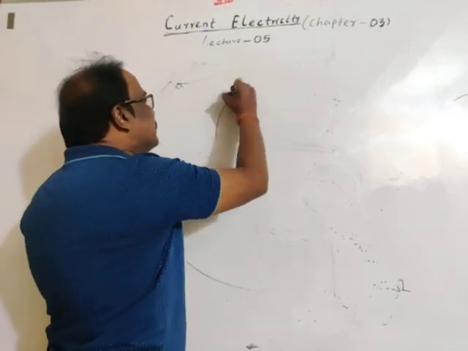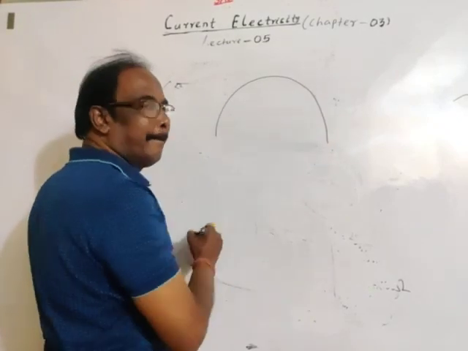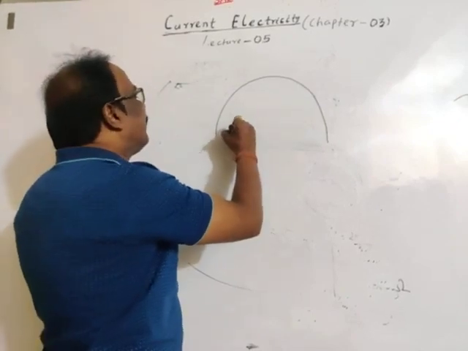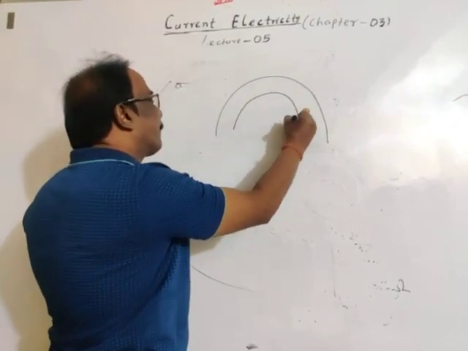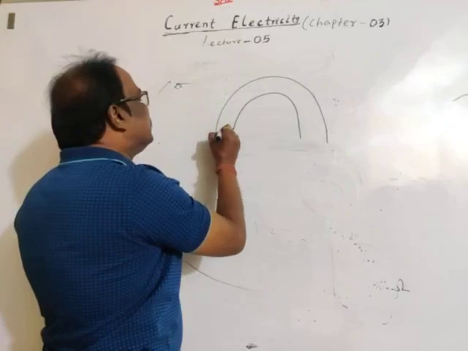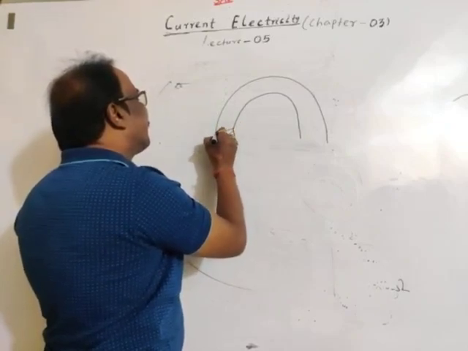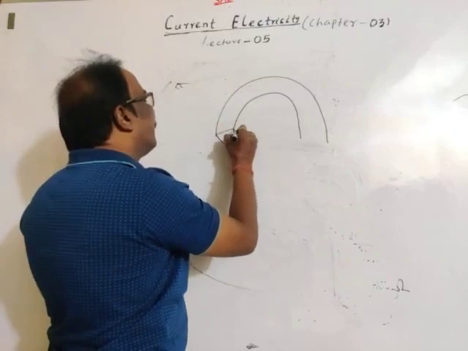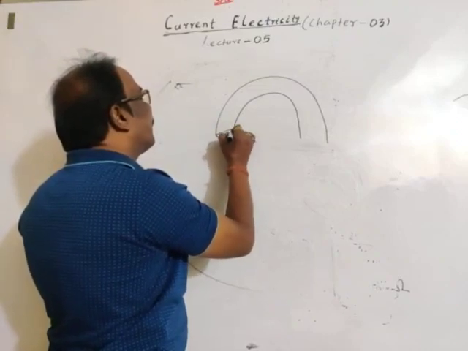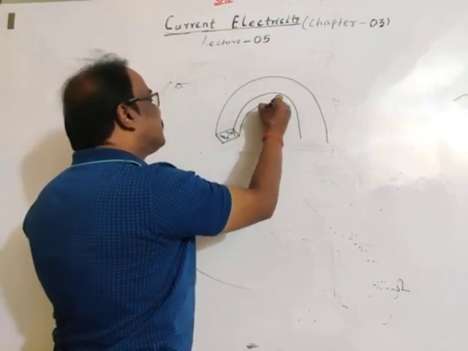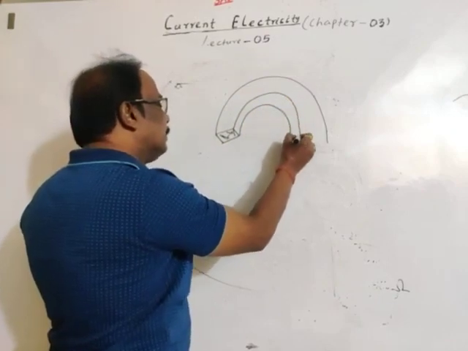This is a semicircular wire. See, this is the cross-sectional area. This is the axial thickness.